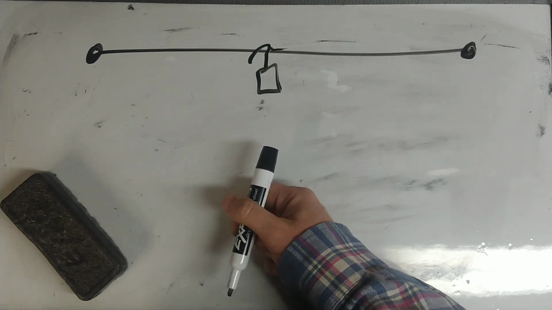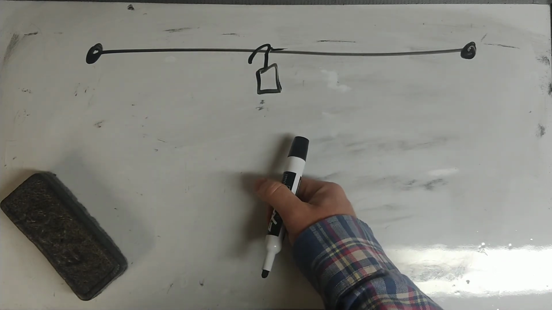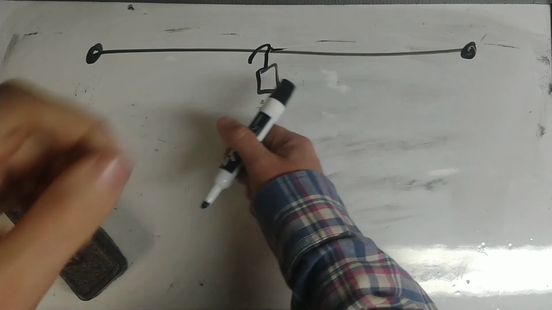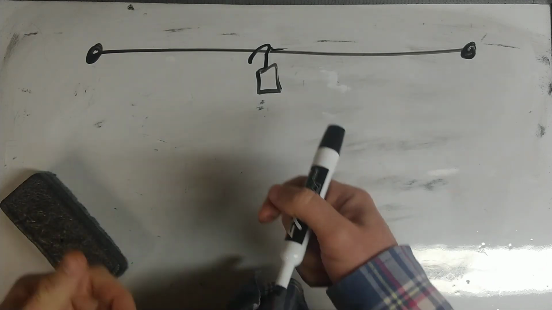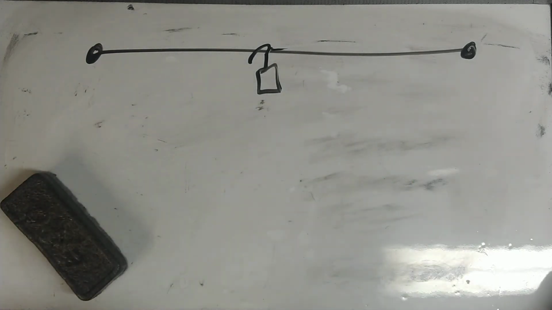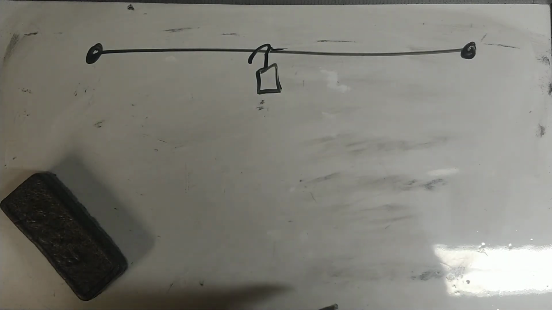Think about that, and we'll talk about that in class. Can this rope stay flat? Why or why not? That's a challenge question. Hopefully somebody will watch this and be able to comment on it.